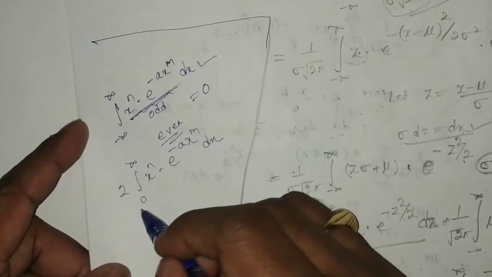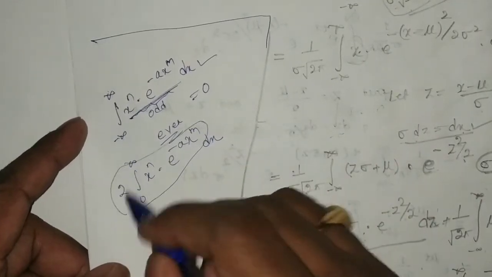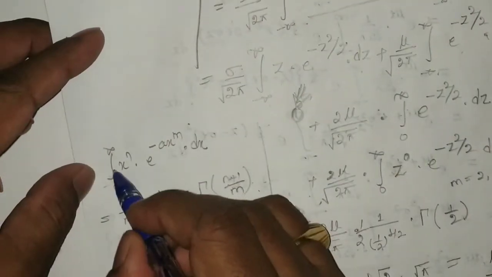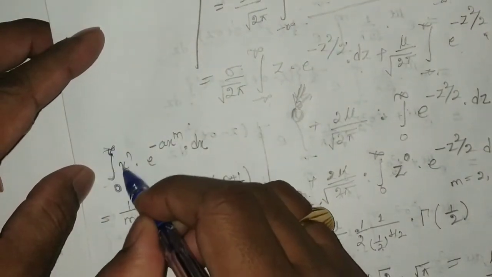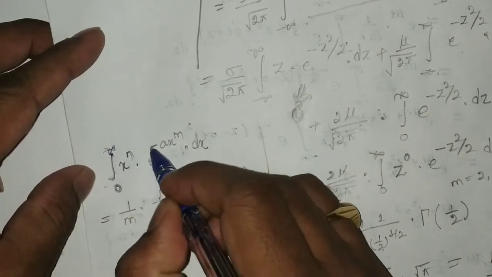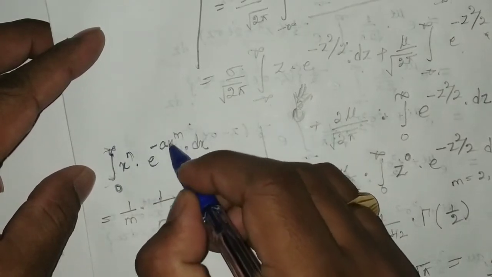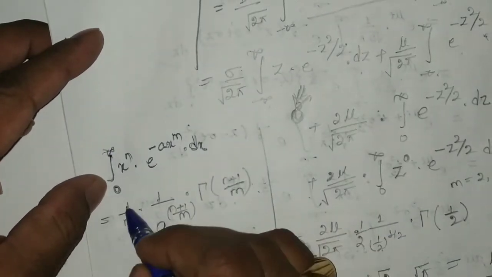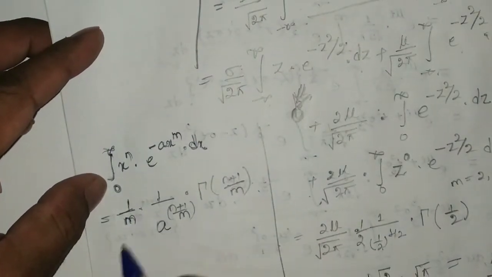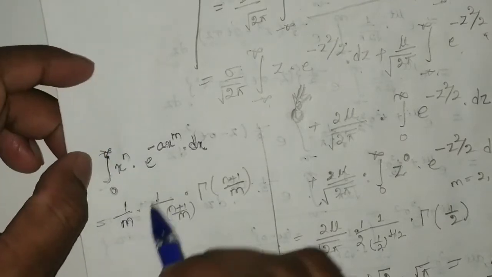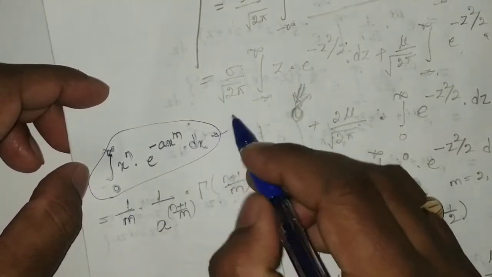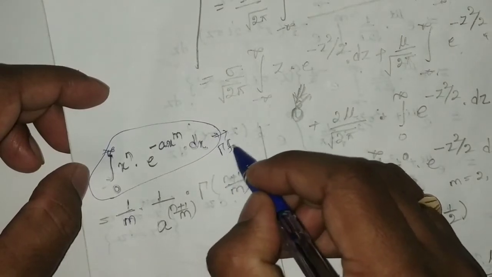Now the integration of this one will be how much, that you have to remember, that is important. Here I wrote 0 to infinity x to the power n into e to the power minus a x to the power m dx will be how much, 1 by m. In general I am writing. So whenever you face this type of integration, this is nothing but called your gamma function, right? Gamma function.